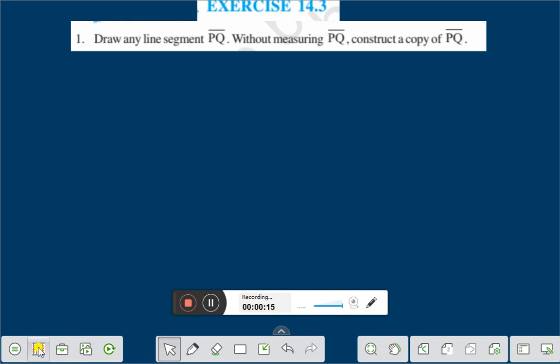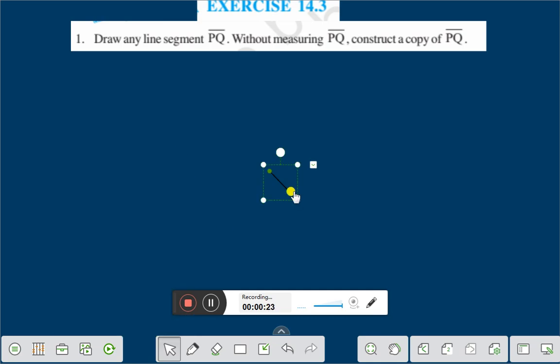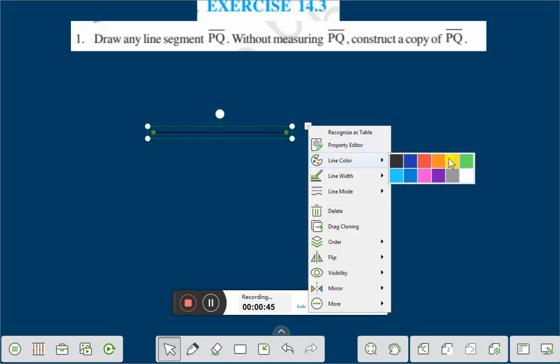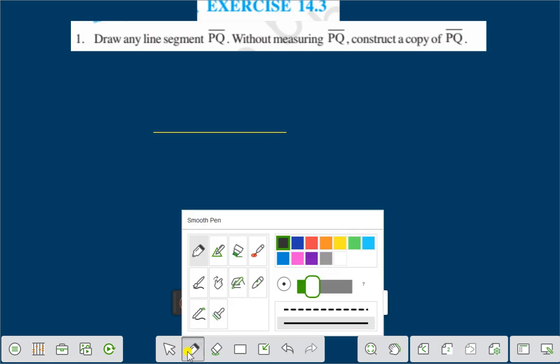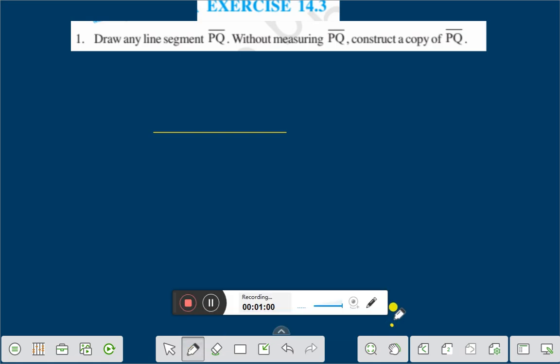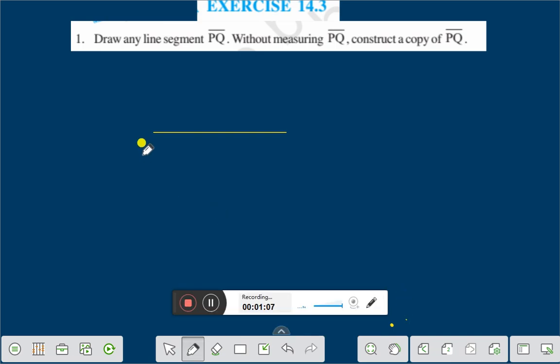Okay. First of all, let us take a line. Here we have taken a line, and we change the color of the line to yellow, and we name the line segment PQ.